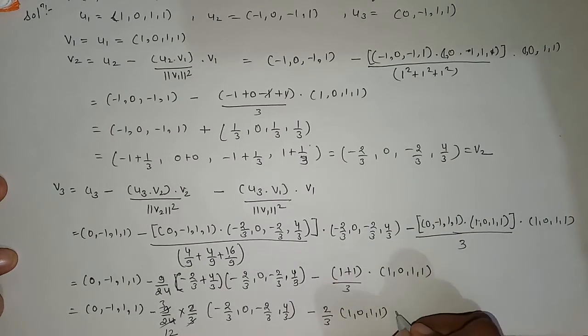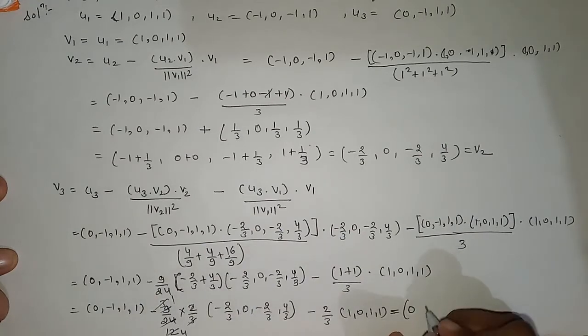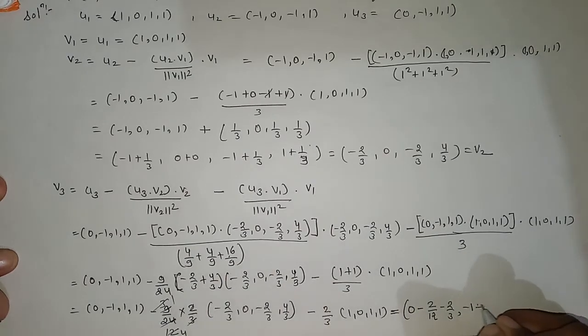Now we have to solve this. So this is equal to 0. This is 3 upon 12. So 3 ones are 3, 3 fours are 12. So 1 by 4, minus 2 upon 12, minus 2 by 3. Now the second: minus 1 plus or minus 0 minus 0.